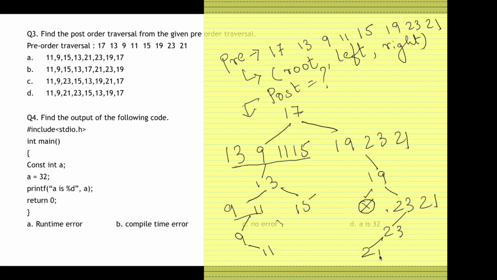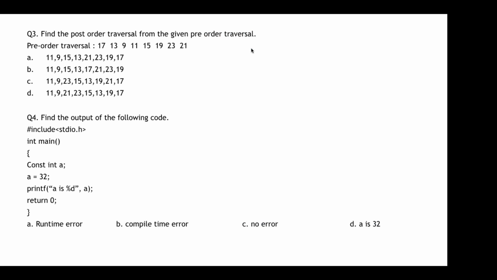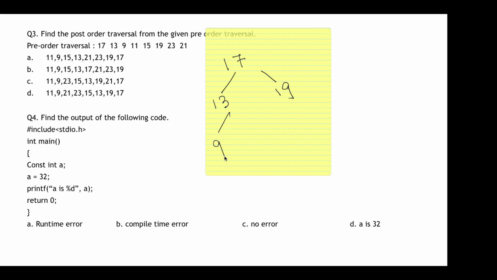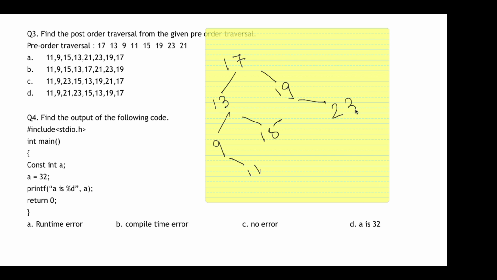Okay, so we have got our tree. So how is our tree? It's 17, then here it was 13, then here it was 19, then 9, then 15, then 11, then 23, then 21. So this is our tree.